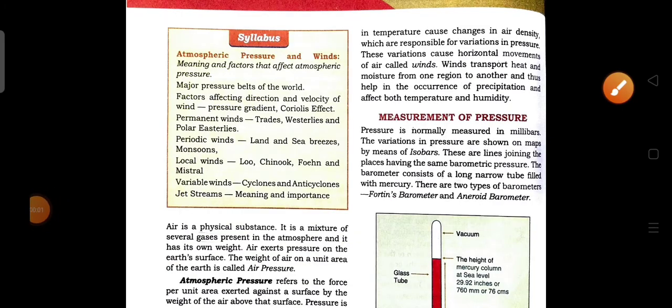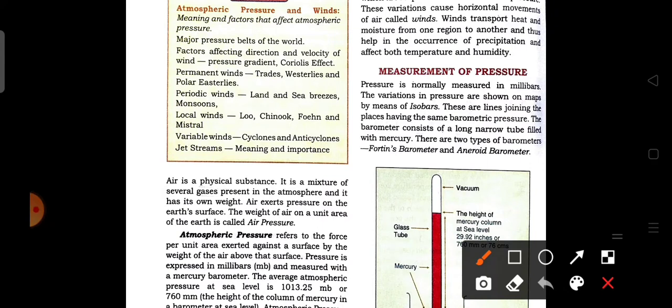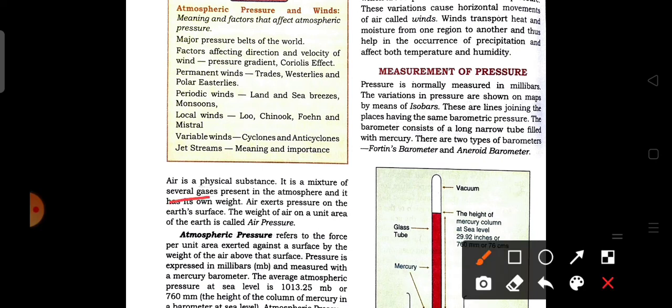Here we see that air is defined as a physical substance. Why? Because it is a mixture of several gases present in the atmosphere and it has its own weight.